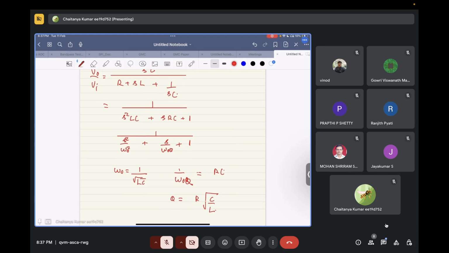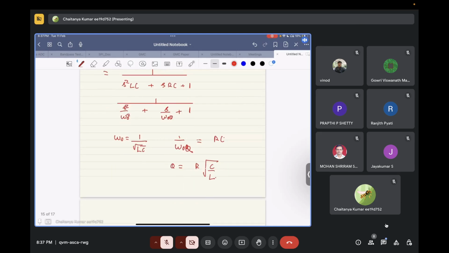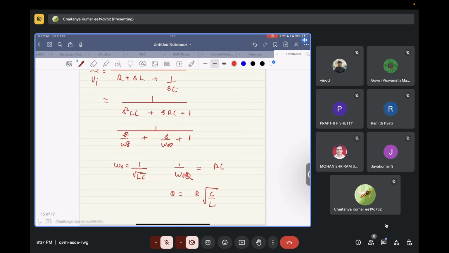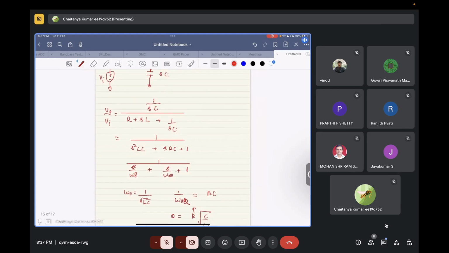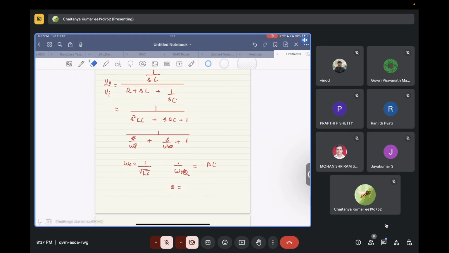Oh, sorry. It will be 1 by R square root L by C. So here you see, let's say you want a very high quality factor, more than square root 2 or equal to square root 2 also.